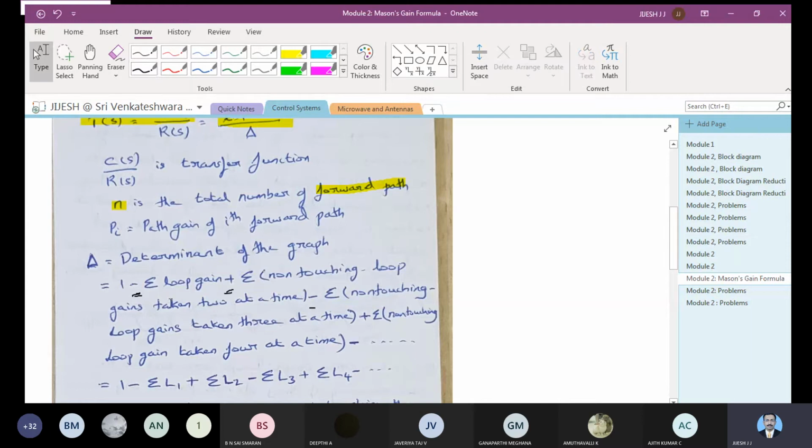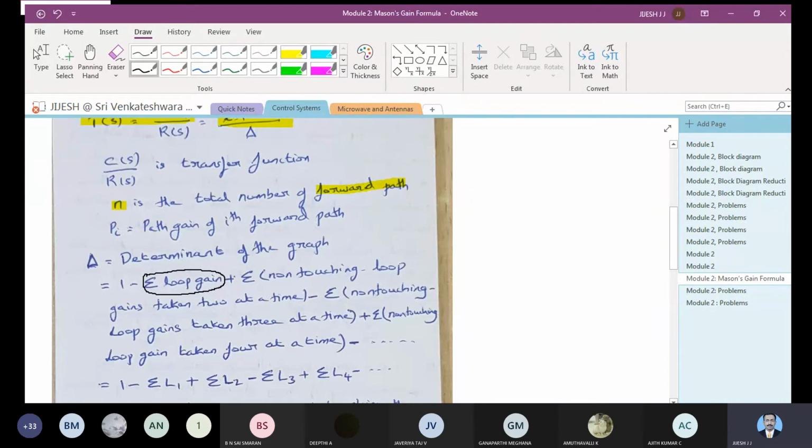So let us see the first one. 1 minus, first thing is what? 1 minus loop gain. What is loop gain? Loop gain is L1, L2 and all, you have seen, no? So the summation of that. This part you have to see is the loop gain, so we will get L1, L2 and all those things.